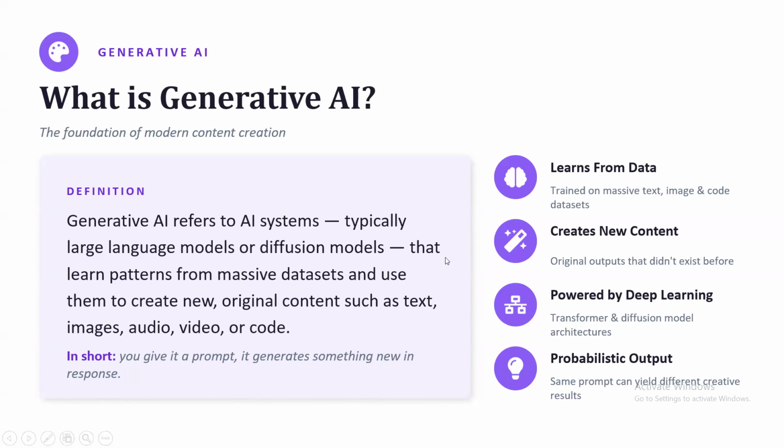It learns from data trained on massive text, image and code datasets, creates new content that did not exist before, powered by deep learning, transformer architecture, and diffusion model architecture, with probabilistic output. The same prompt yields different creative results.